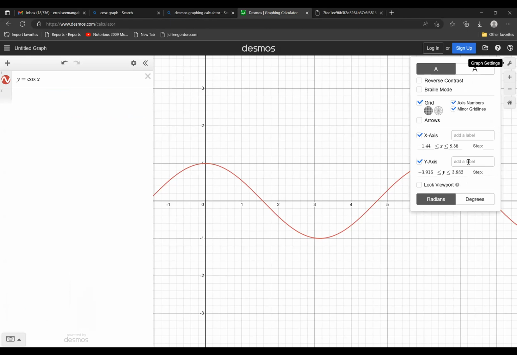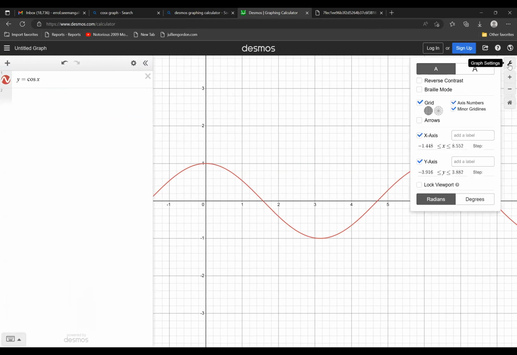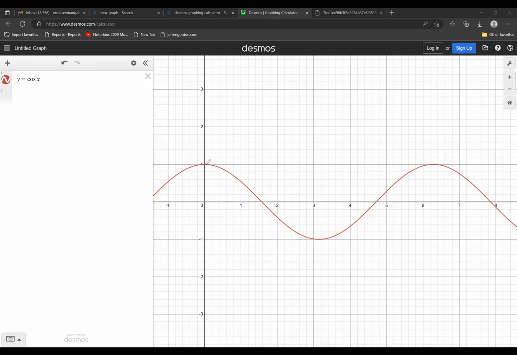Degrees, radians. How do I change this to radians? All right, you can see Desmos, right? Mhm.